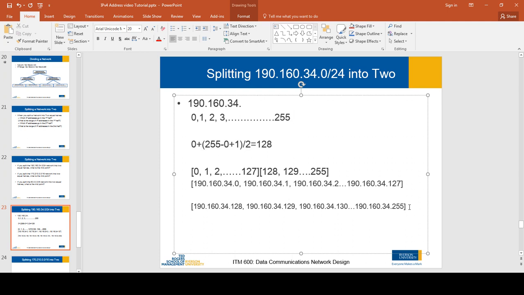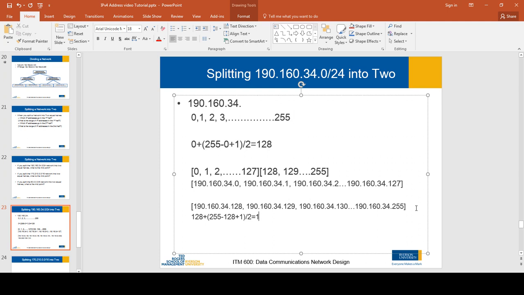If I split the second half of this IP range into two, what would be the midpoint? We can take this example. The first three octets are the same, so I'm focusing on the fourth octet only. The lowest number is 128, plus the highest number 255 minus 128 plus 1, divided by 2.